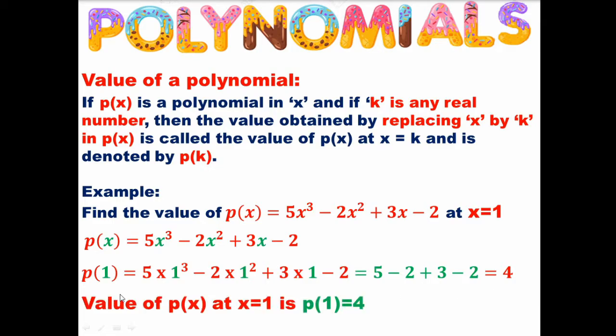And now I say the value of p of x at x equal 1 is p of 1 equal 4. Do you understand? So 4 is the value of the polynomial at x equal 1.